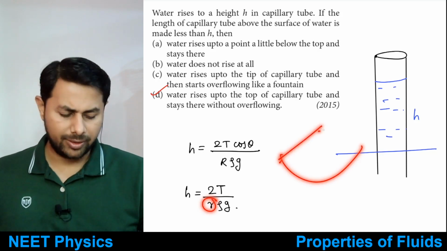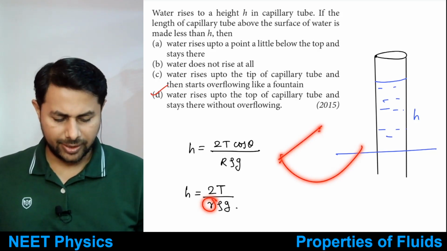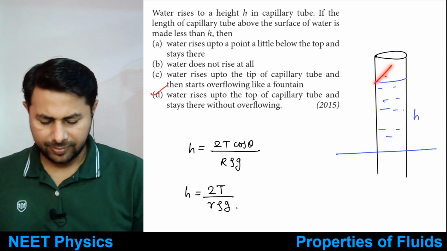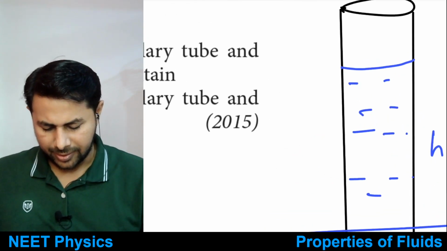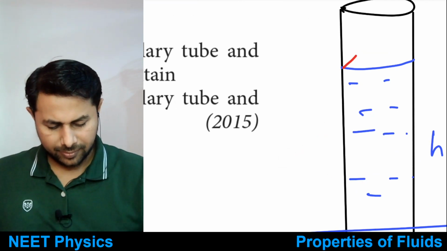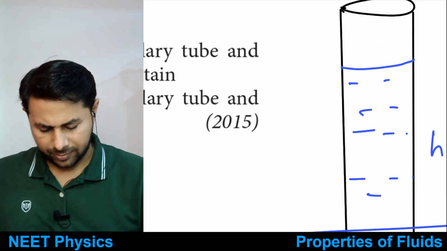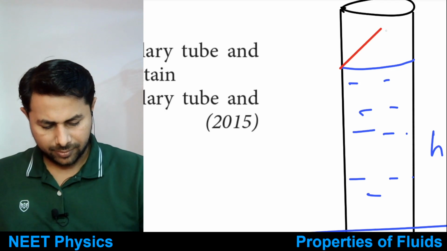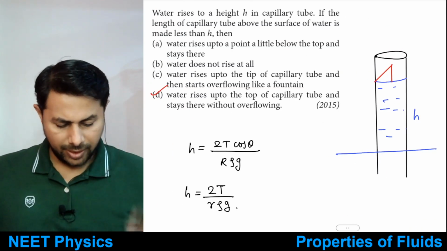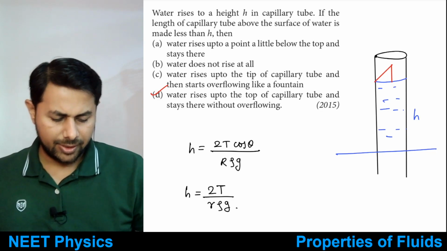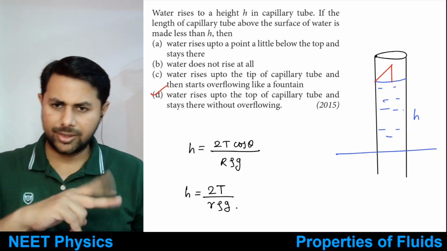If the meniscus is like this, let's say this is the radius. Now suppose you cut this tube.